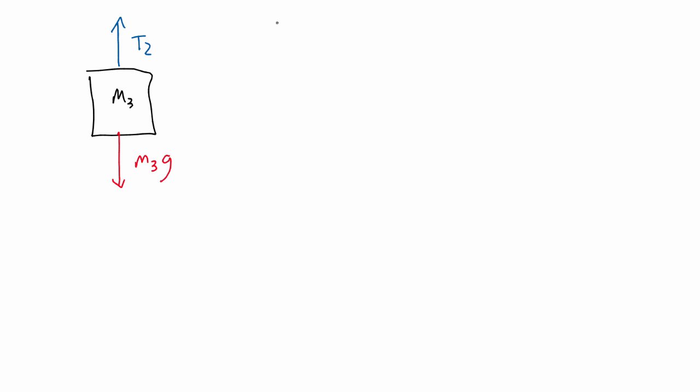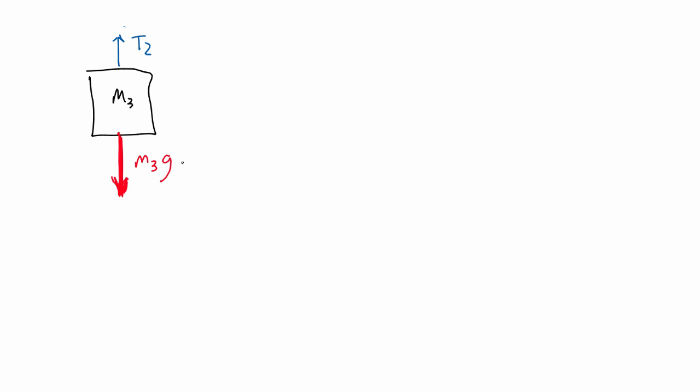Now, to make this more accurate magnitude-wise, M3G has to be greater, otherwise it would not accelerate downward. So I'm going to emphasize that by making this even shorter here. T2 has to be less than M3G. A very common mistake is to assume that whatever this force of gravity is, that's the tension right there. It's not.